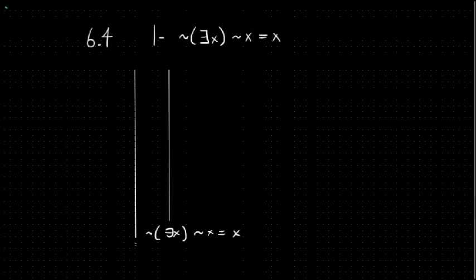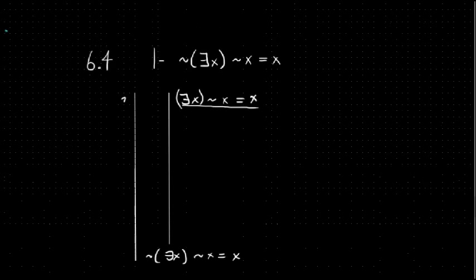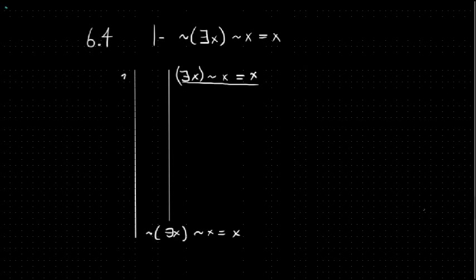Well, its main operator is a tilde, so I'm going to do a negation introduction. I'll start off by assuming something that is obviously contradictory: something is non-identical with itself, and then I'll show that that leads to some kind of contradiction. As I said before, if I'm looking for a contradiction, I should look at the things I already have.